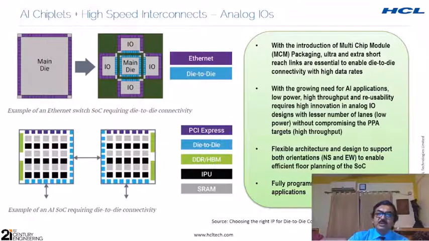On top of that, there is also flexibility in architecture that can support multiple orientations of the I/O, say north-south and east-west, to enable efficient floor planning. And of course, I have already talked about the programmable IOs and multiple protocol support IOs.